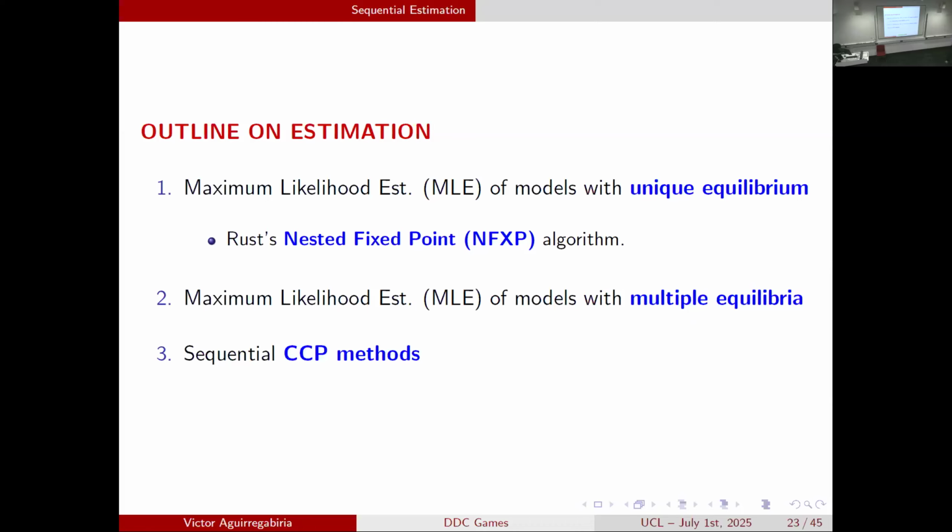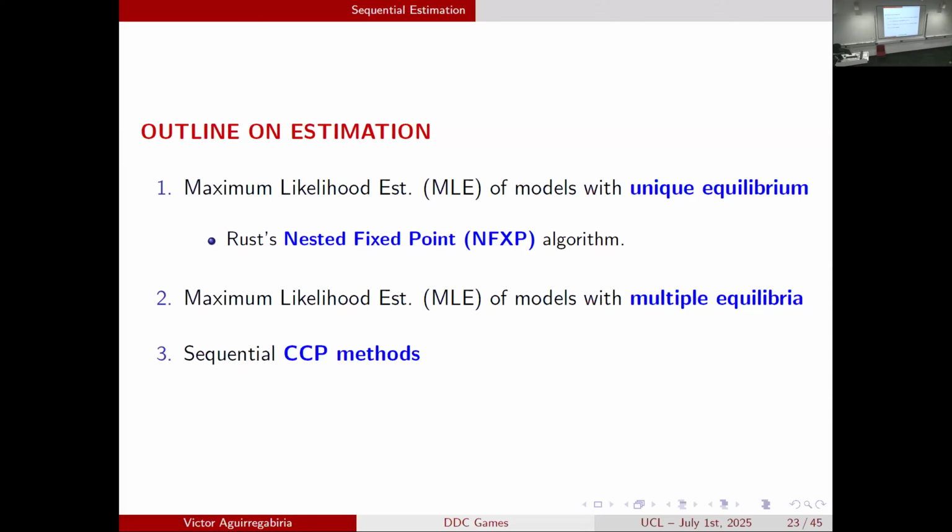Then to understand the value of the sequential CCP estimation, I think it is worthwhile to see the difficulties associated with the full solution method, with methods that basically use maximum likelihood estimation and some kind of repeated solution type of algorithm.